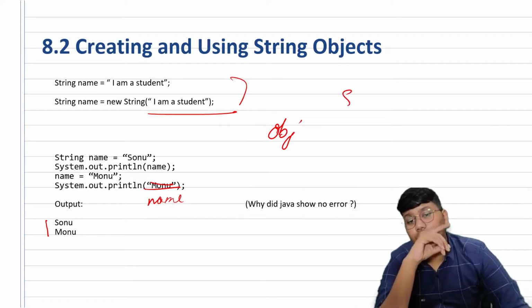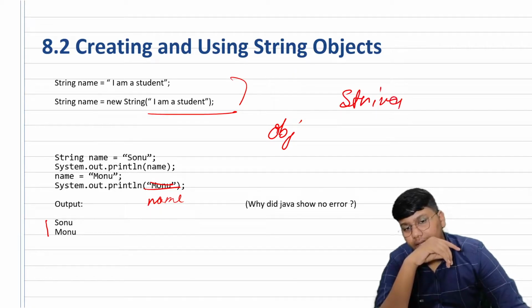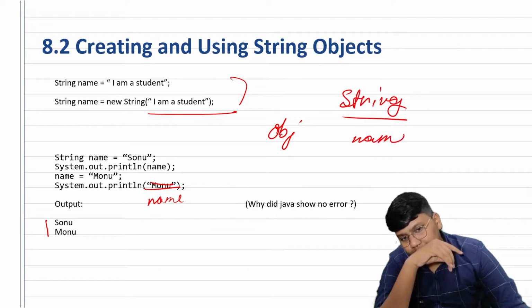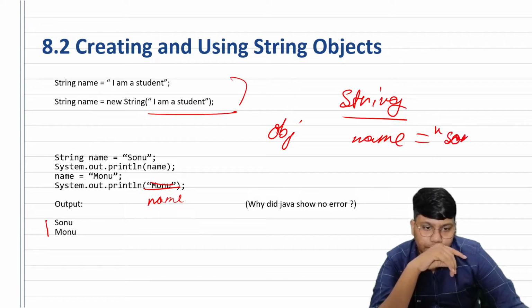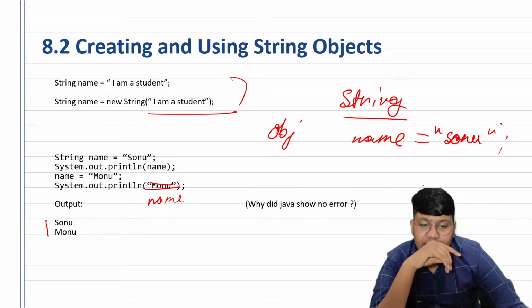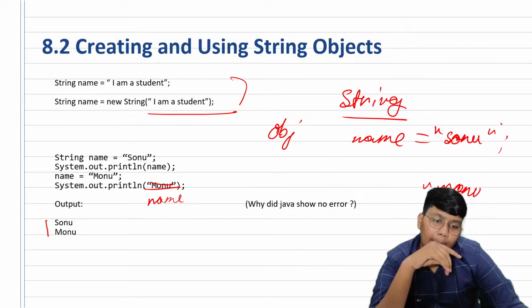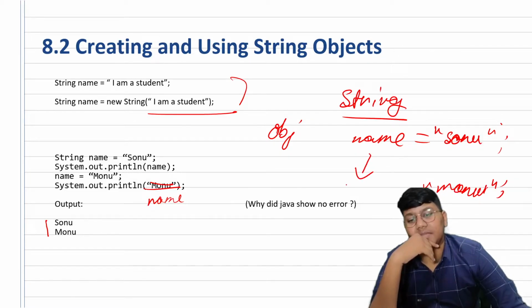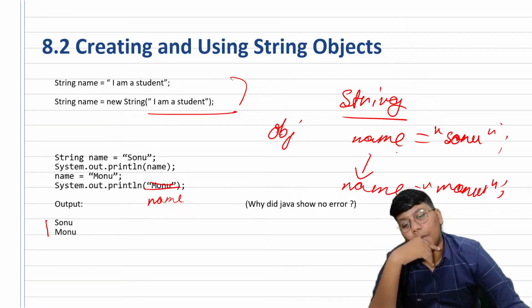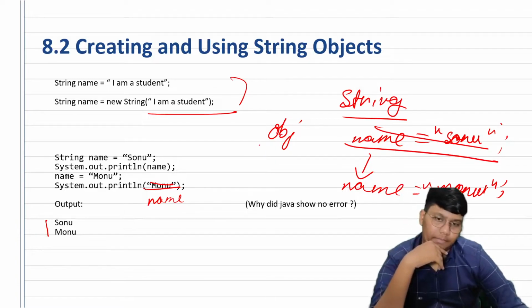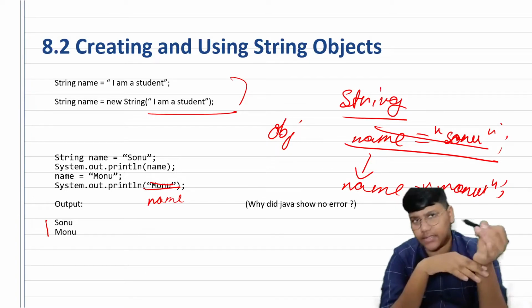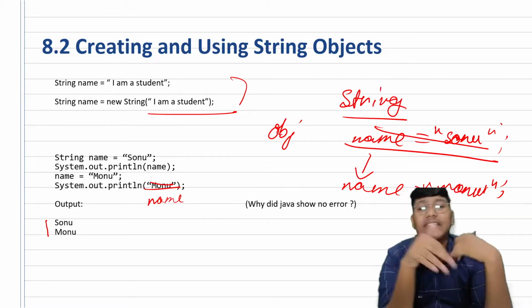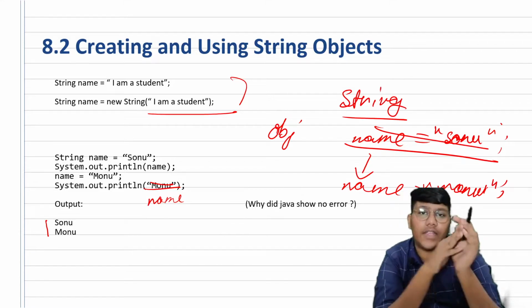Because when we use string, there was name equal to Sonu, and when we change it, a new object with the same name is formed and the old one is deleted. So the object is replaced with an object with the same name and the new value that we want to put in it.